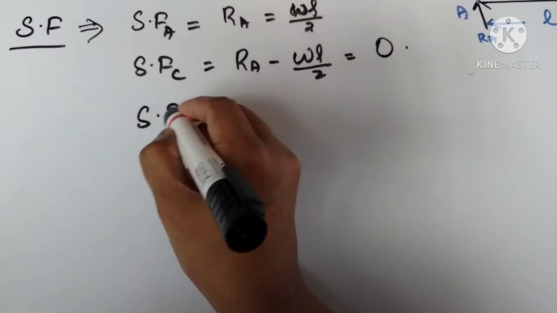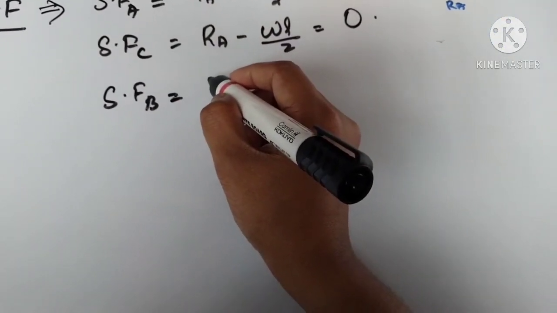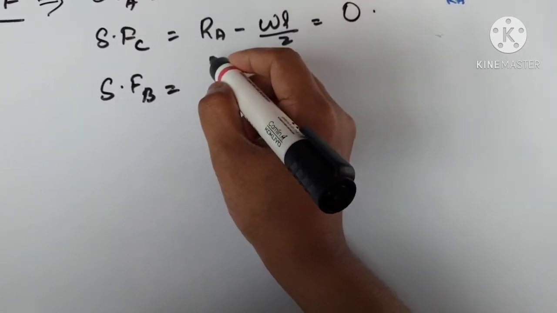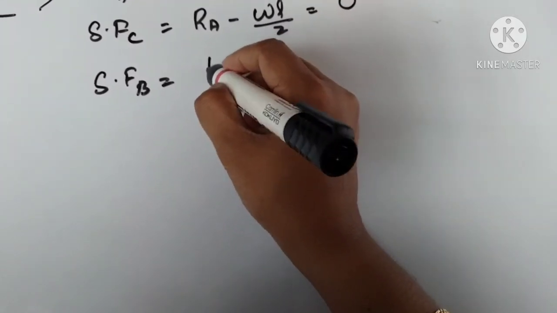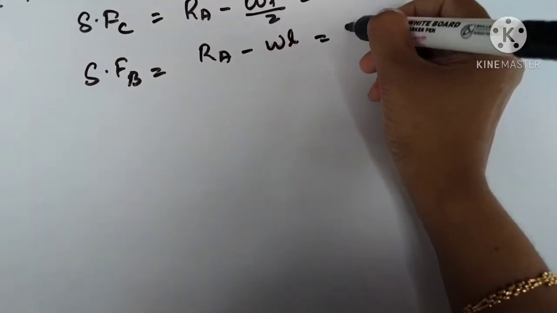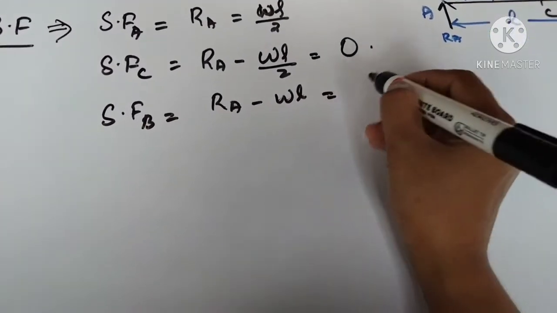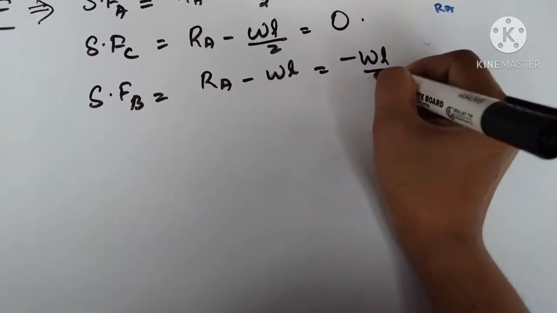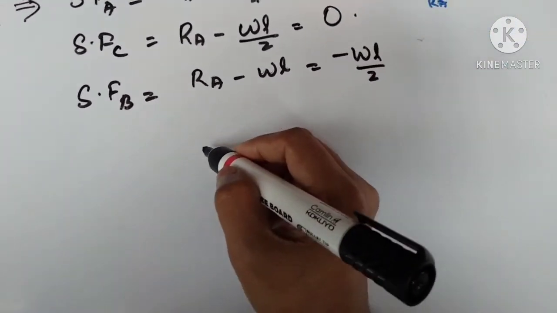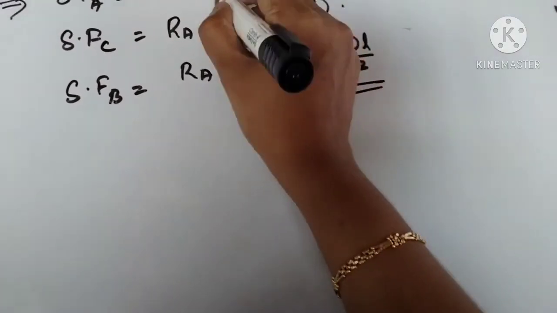Then shear force at B, from left hand side we are considering, will be RA minus WL, which is equal to WL by 2 minus WL, which is equal to minus WL by 2. These are the values of shear force.